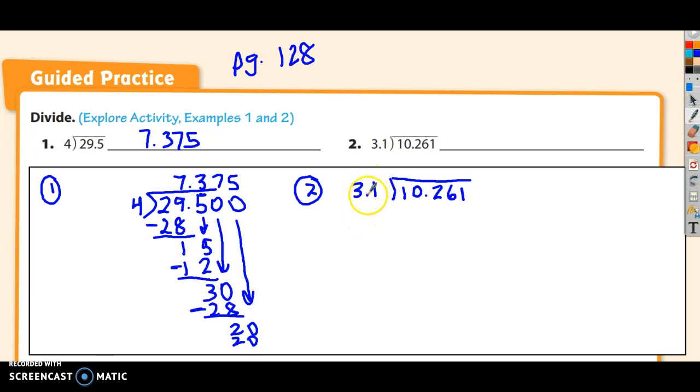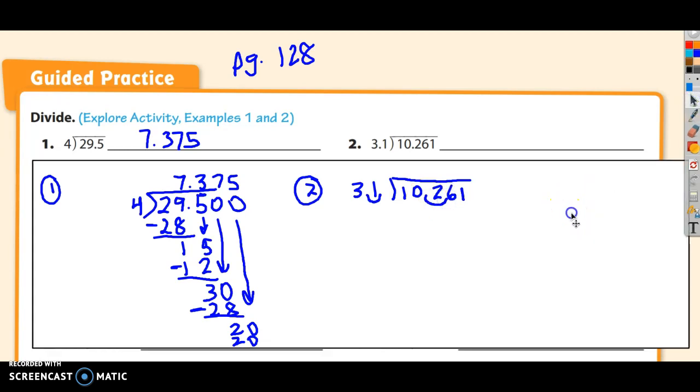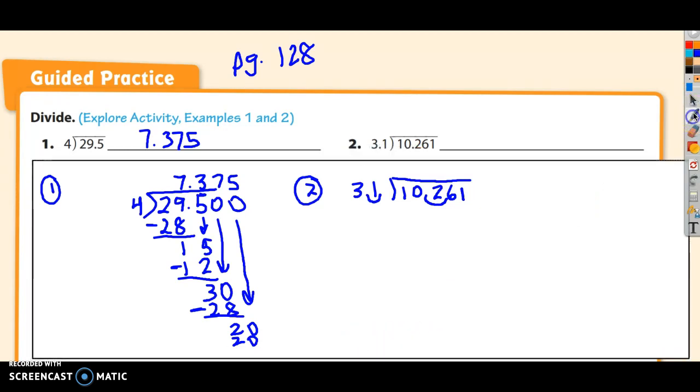So if I multiply 3.1 by 10, the decimal would move once to the right. And the key here is if you do that to the divisor, you have to do that to the dividend. So I have to move this decimal one place to the right. Now that's going to matter later when I move my decimal straight up to get my quotient.